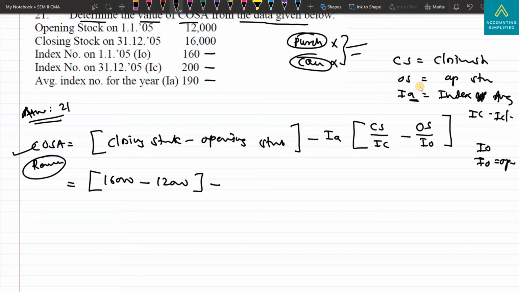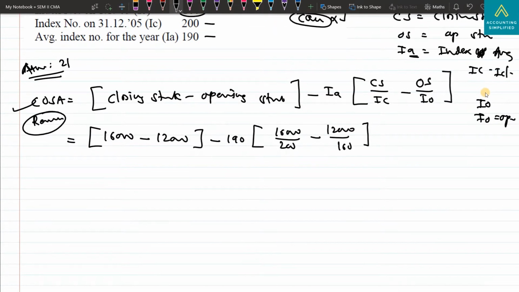Minus, average index is 190 in the bracket. Closing stock is 16,000 divided by closing index 200, minus opening stock 12,000 divided by opening index 160.